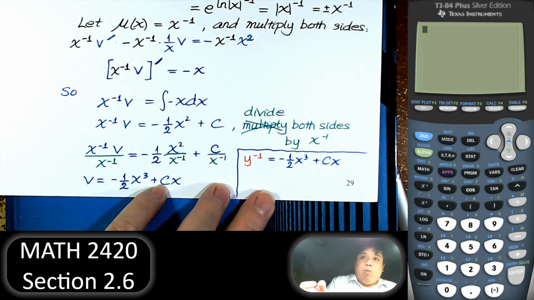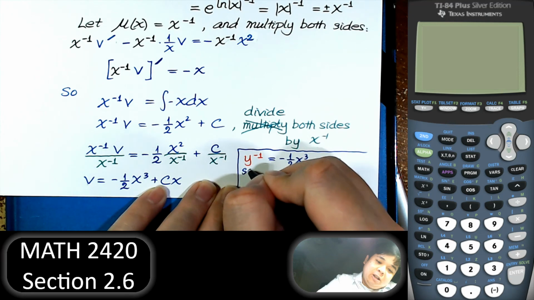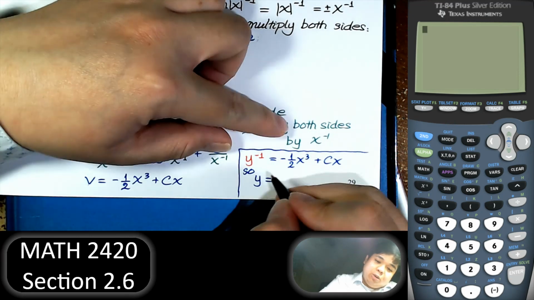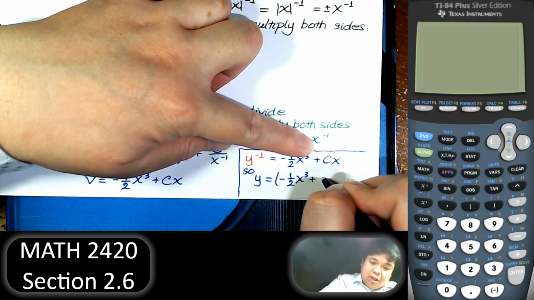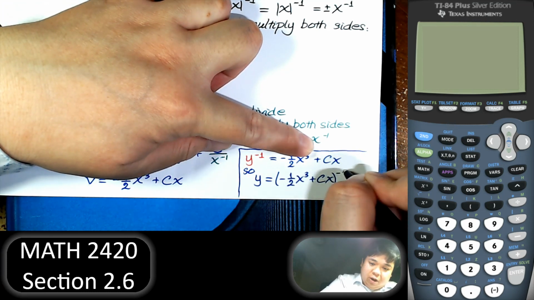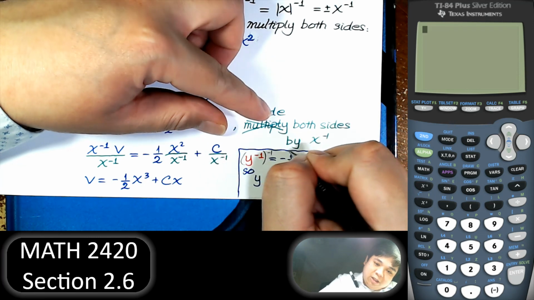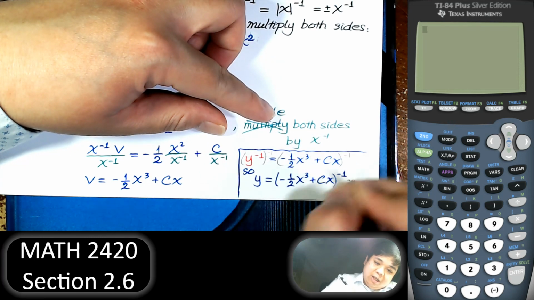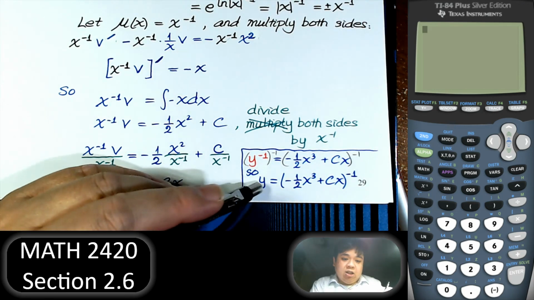Now if we raise both sides to the reciprocal power, we have y equal to negative 1/2 x cubed plus cx, to the negative 1. So we raise both sides to the reciprocal power: negative 1 times negative 1 is 1, and that's just y.